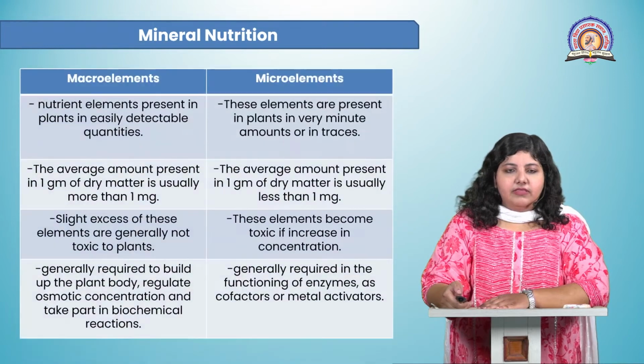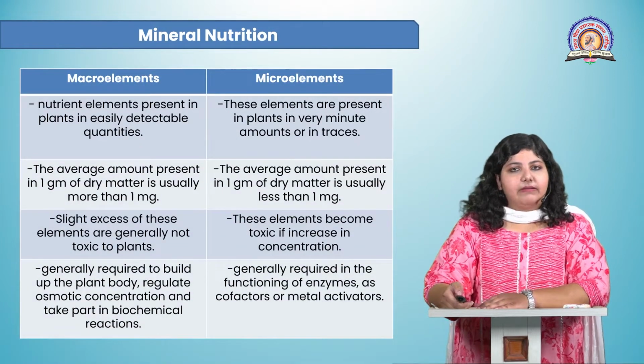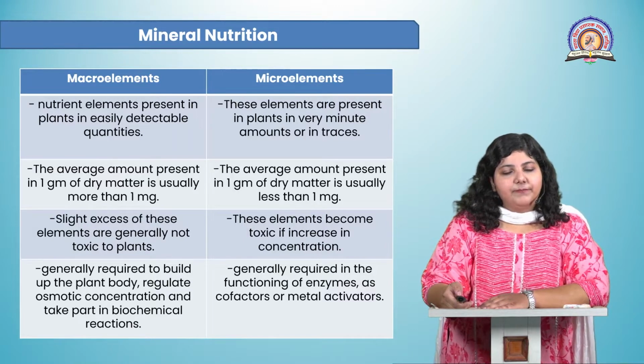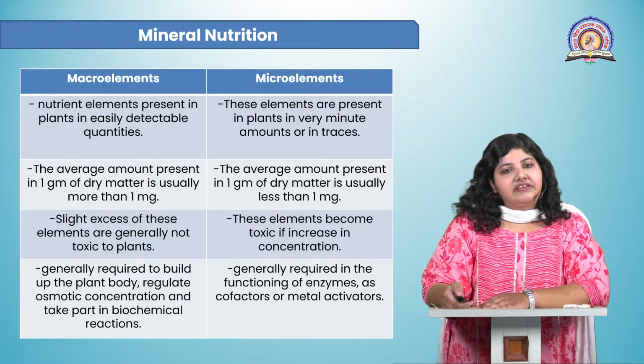Now let us see the distinguishing characters of macroelements and microelements. You can see the table in this slide. Macroelements are the nutrient elements present in plants which are available in easily detectable quantities.